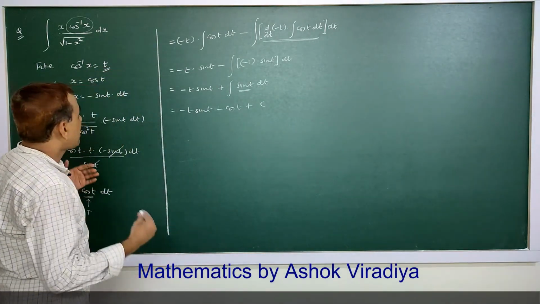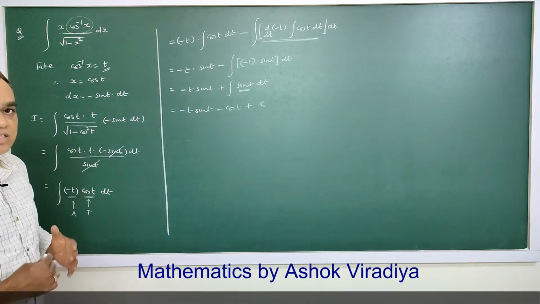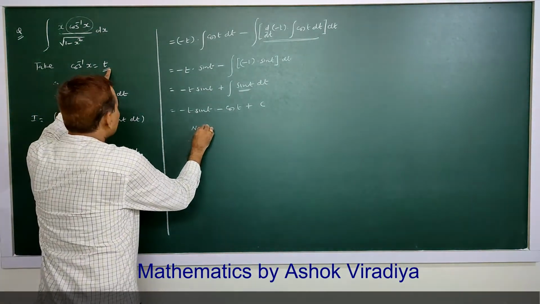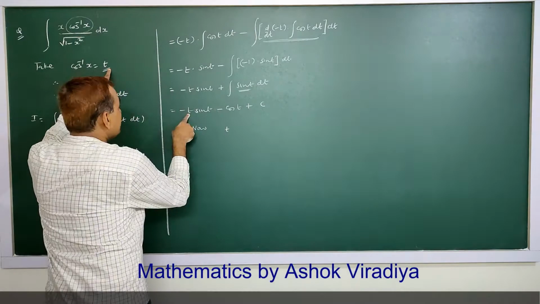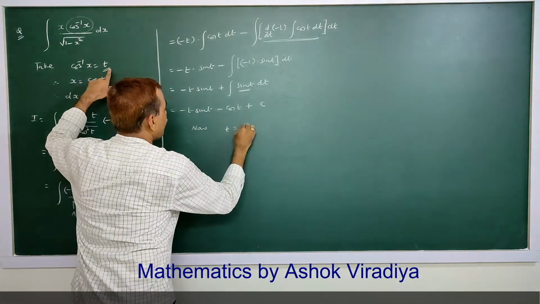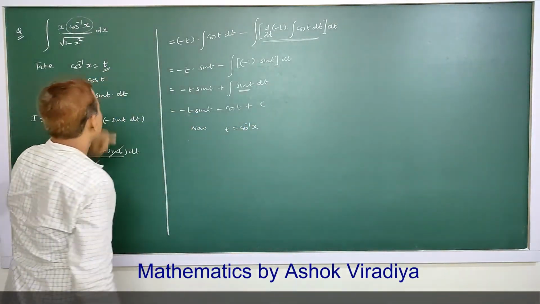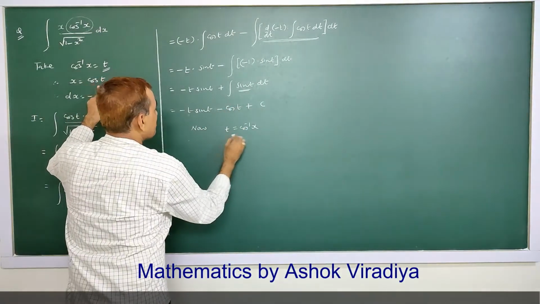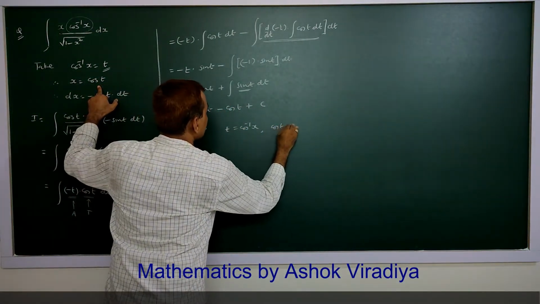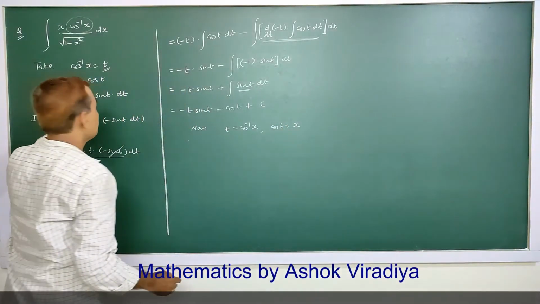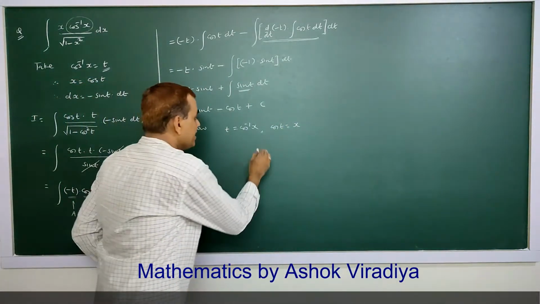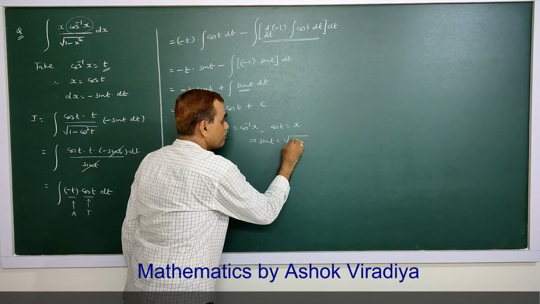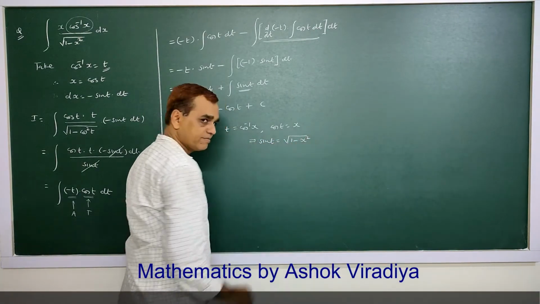Now coming back to x. t will be replaced by cos inverse x, cos t will be x, and sin t will be replaced by square root of 1 minus cos square t.